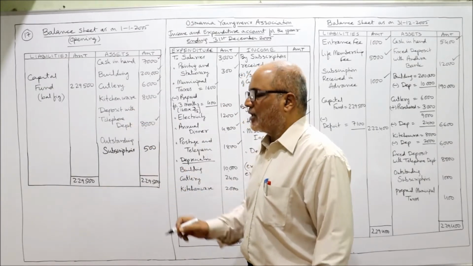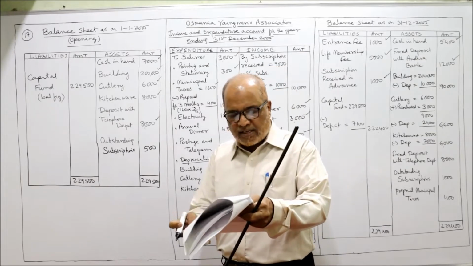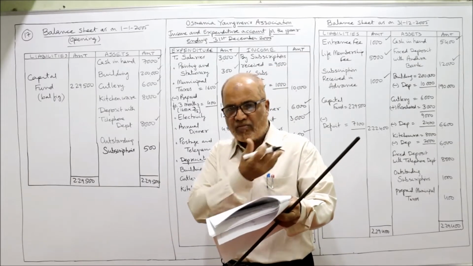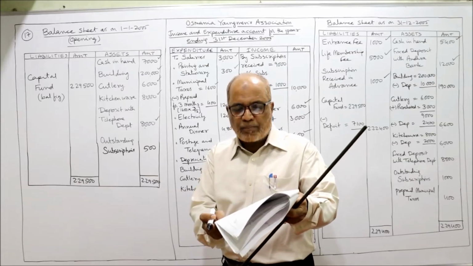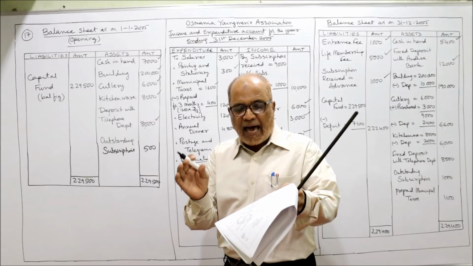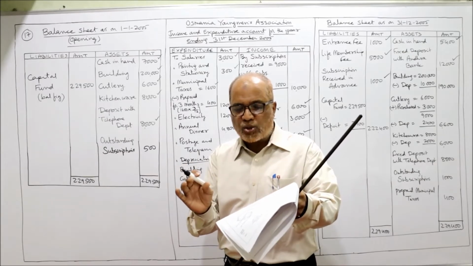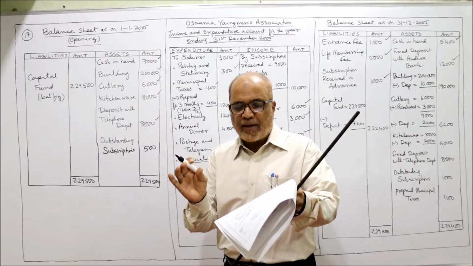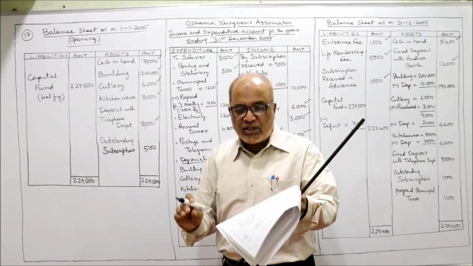So your deposit with telephone department 8,000. Next comes entrance fees and capital life membership fees to be capitalized. We have taken. You are required to depreciate building 5%, cutlery 40%, kitchenware 25%. The annual subscription of the association is rupees 10 and 100 members were in arrears during the year.